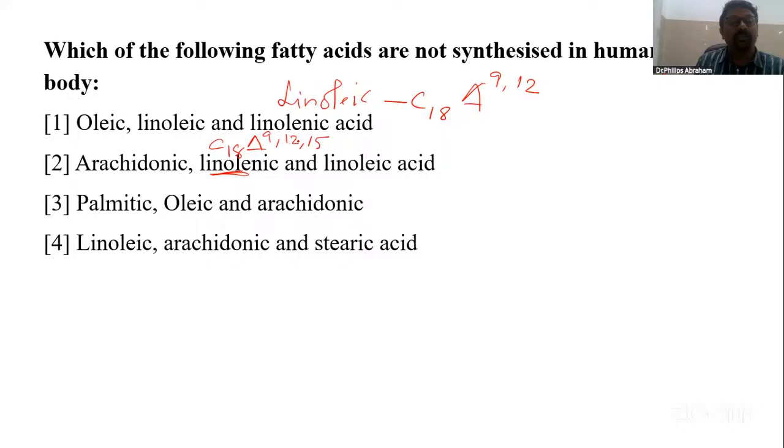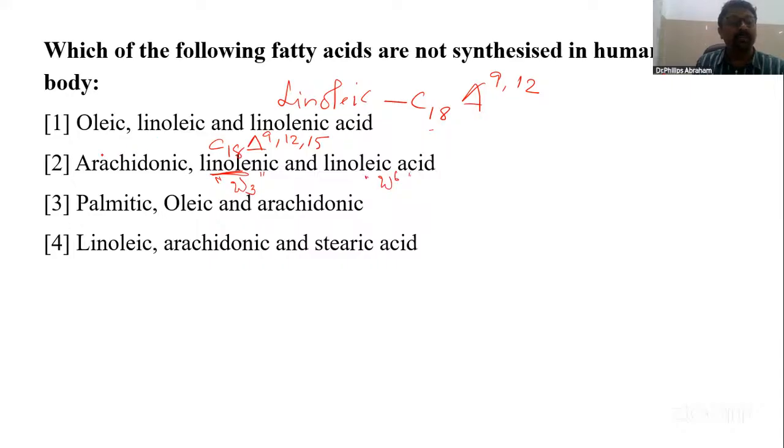If you count from the back, the third carbon atom will have the double bond, so it comes under the group omega-3. But linoleic acid, with double bonds at positions 9 and 12, when we count from the back, the 6th carbon atom has the first double bond, so it's called an omega-6 fatty acid.